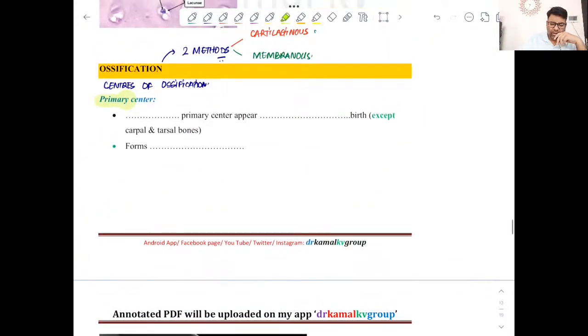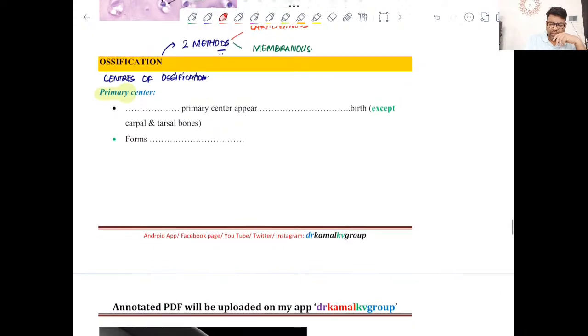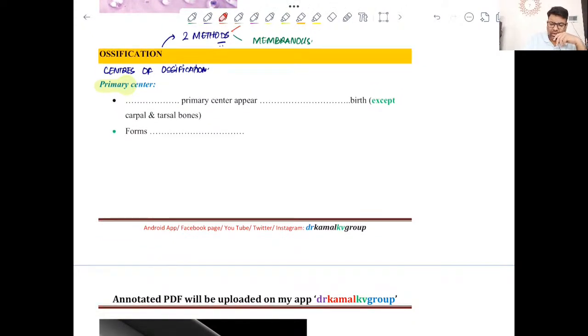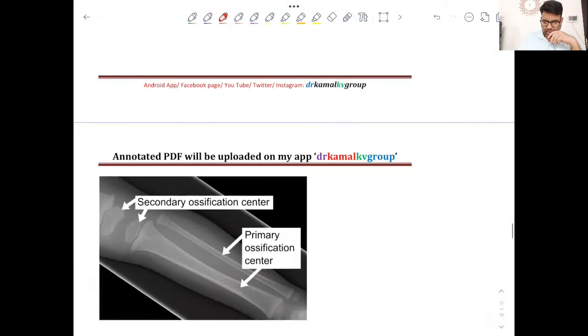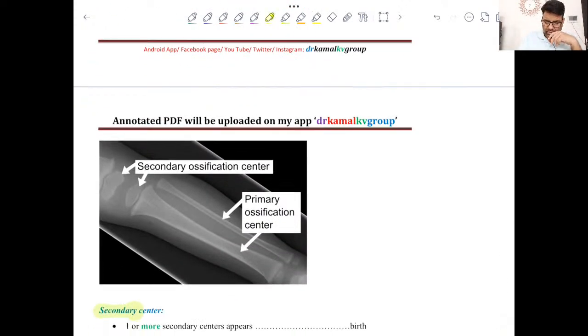Now the primary one is present in the bone and it is single in number, and it appears before birth in the majority of the bones, apart from a few exceptions. So there is only one primary center, and this is present something like this.